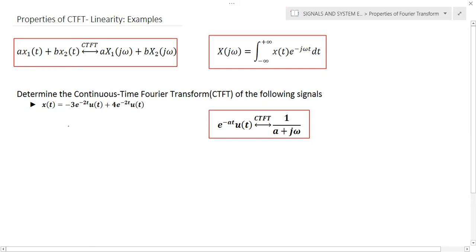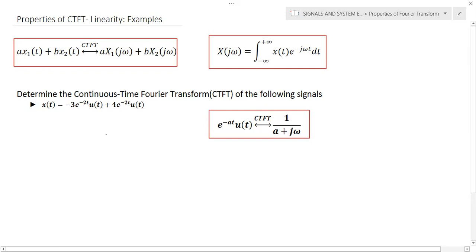In this particular question, x of t is minus 3 e raised to minus 2t into u of t plus 4 e raised to minus 3t into u of t. We know from the previous lectures there's a standard signal e raised to minus a t into u of t, and its Fourier transform is 1 by a plus j omega.